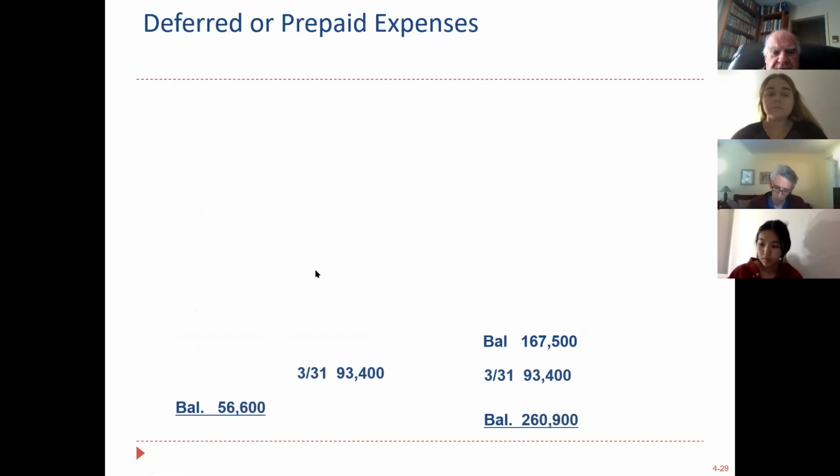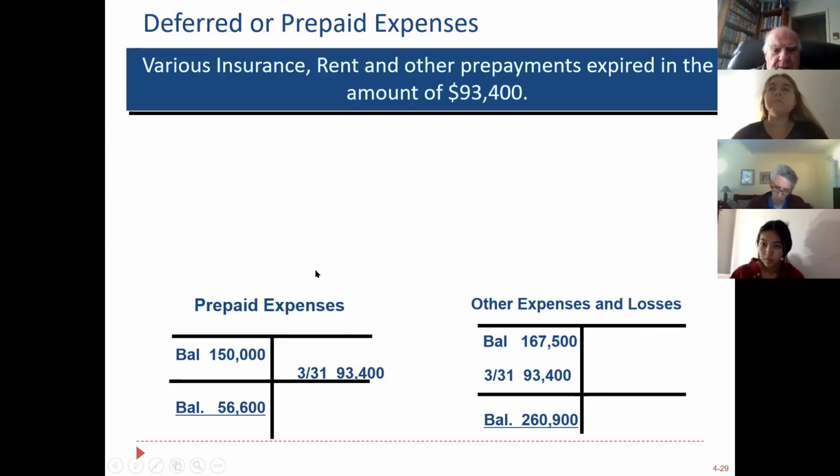There was 150,000 there, and now they've used 93,400. You credit the prepaid and you debit the expense, okay?